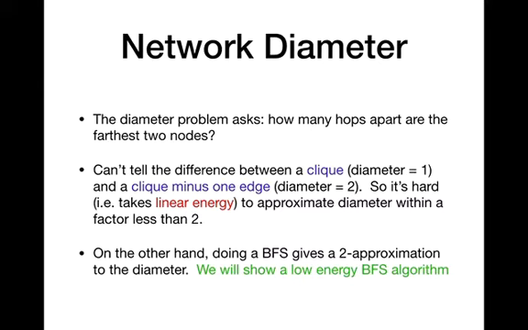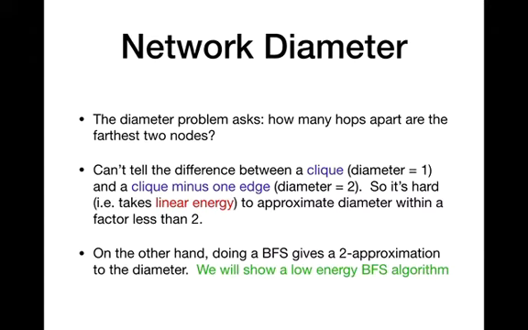If you look at the network diameter problem, it asks, how many hops apart are the farthest two nodes in the graph? And note that if the graph happens to be a clique, or if the graph happens to be a clique except for one edge, you can't actually tell these apart, because in order to tell whether a graph is a clique or not, you have to hear from all your neighbors.